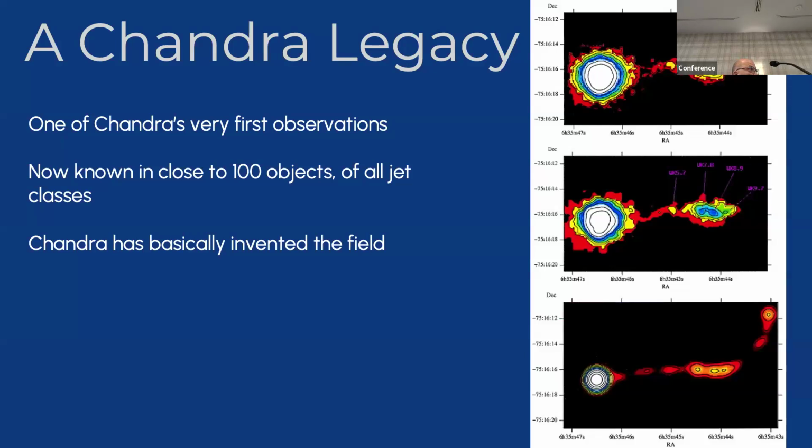This is, of course, PKS 0637, and this was what first put us on to the fact that these were common. This was supposed to be a point source. Obviously, it wasn't.